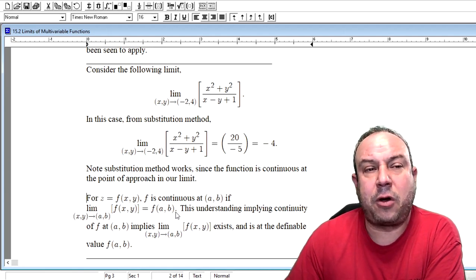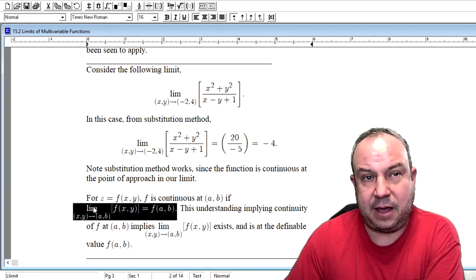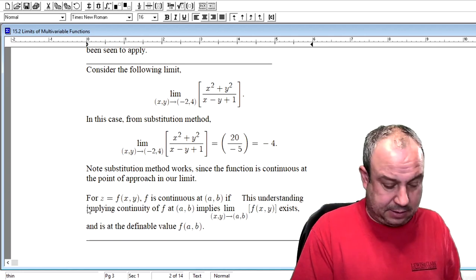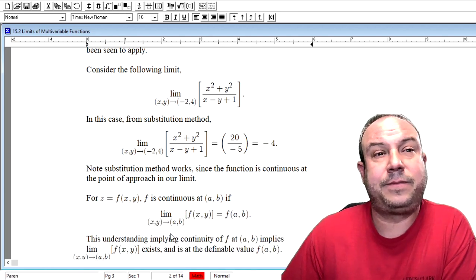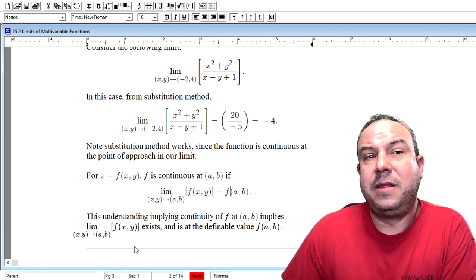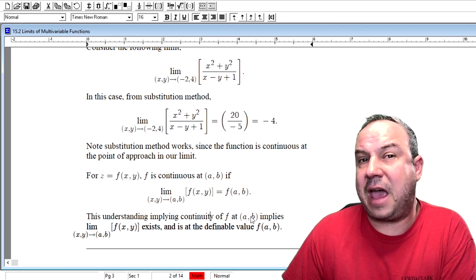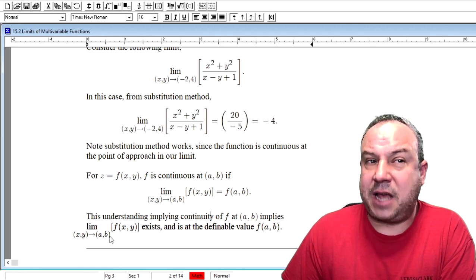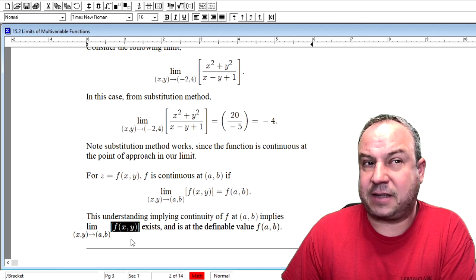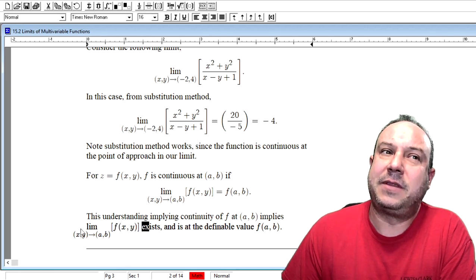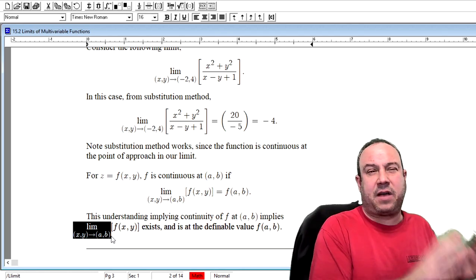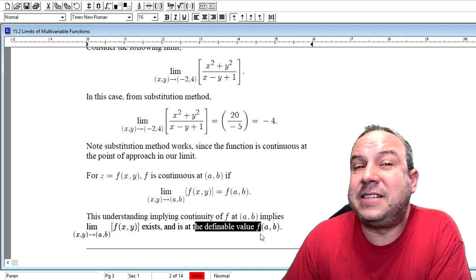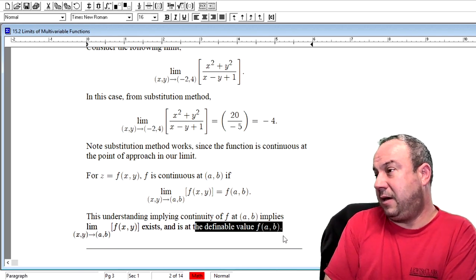If the limit in our approach for f of x comma y equals f at a comma b, right, let me break that out this way. Right? This understanding implies continuity of f at a comma b, implies the limit as x comma y approaches a comma b for f of x comma y exists and is the definable value of f at a comma b.